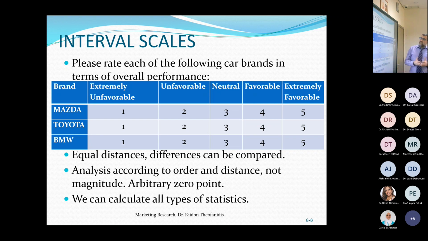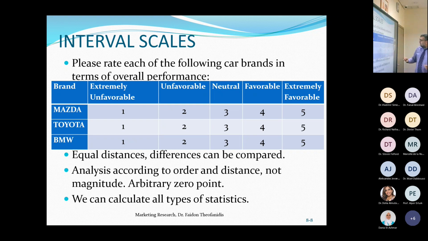And how much more is Mazda preferred to Toyota? 2: 1, 2. So in this case, I can compare exactly and calculate the differences between the preferences, while in the previous scale, I couldn't.